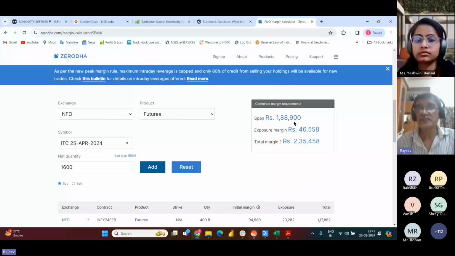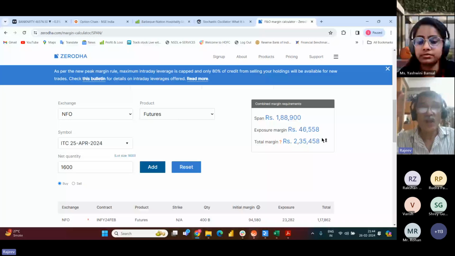So this gives us the margin that we need to have in our broking account in order to trade in futures or options instruments for that particular stock. So that's what is meant by margin.